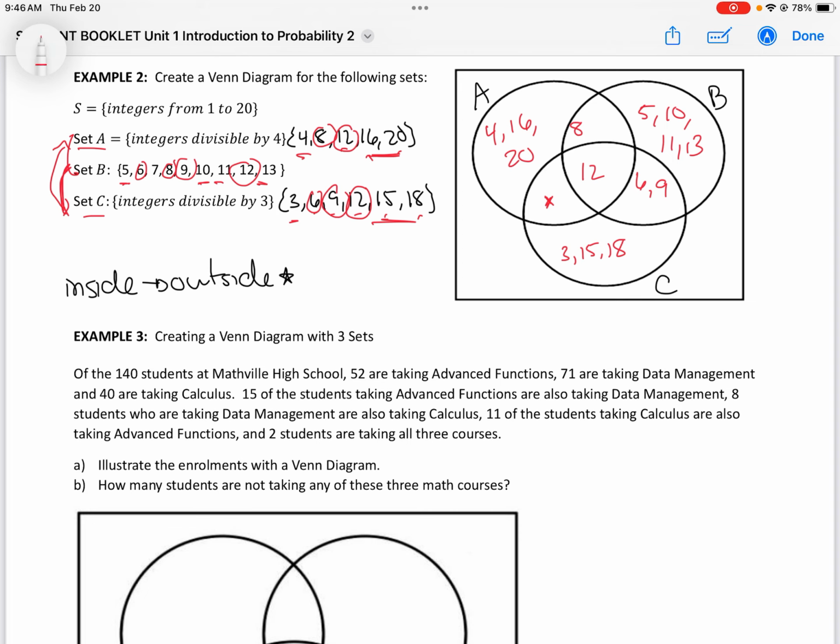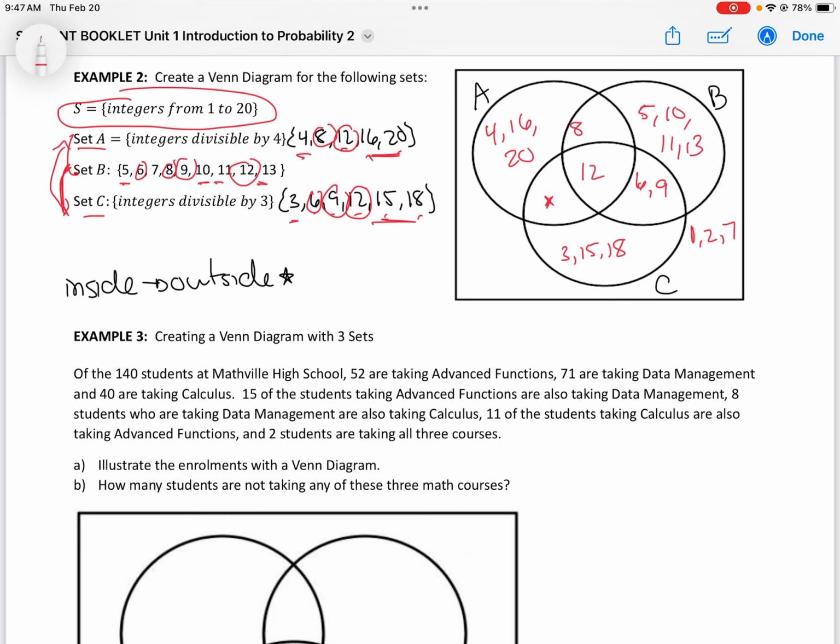And now what we want to do is go to the entire universal set and ensure that all the integers from 1 to 20 are accounted for. So we don't have a 1, so I'm going to put 1 here. We don't have a 2, but we have 3, 4, 5, 6. We don't have a 7. We should have a 7.